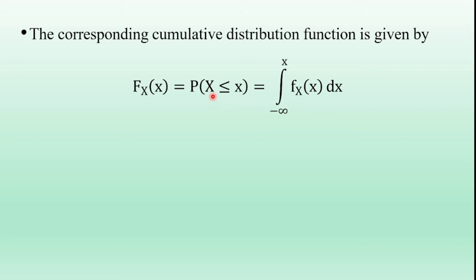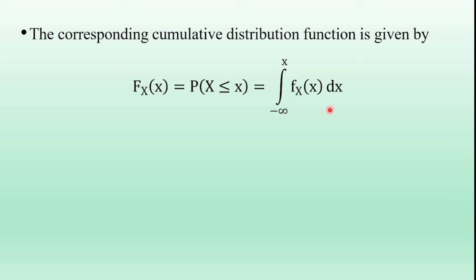Here, capital X is the uniform random variable, and small x is the value of the random variable. X less than or equal to x means the range varies from minus infinity to x of the probability density function dx. The probability density function value is 1 by b minus a over the interval a to b.